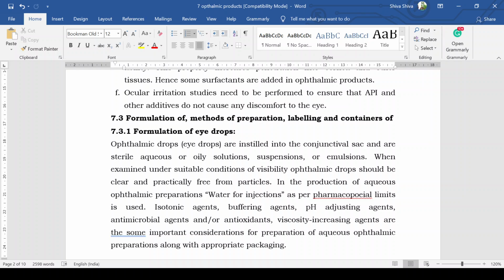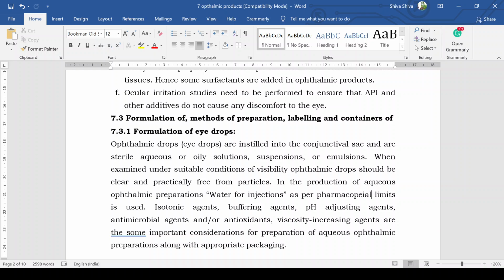When examined under suitable conditions of visibility, ophthalmic drops should be clear and practically free from particles. So any kind of particulate contamination should not be there in an ophthalmic product. In the production of aqueous ophthalmic preparations, water for injection as per pharmacopoeia limits is used. We have seen what water for injection is in injectable products.